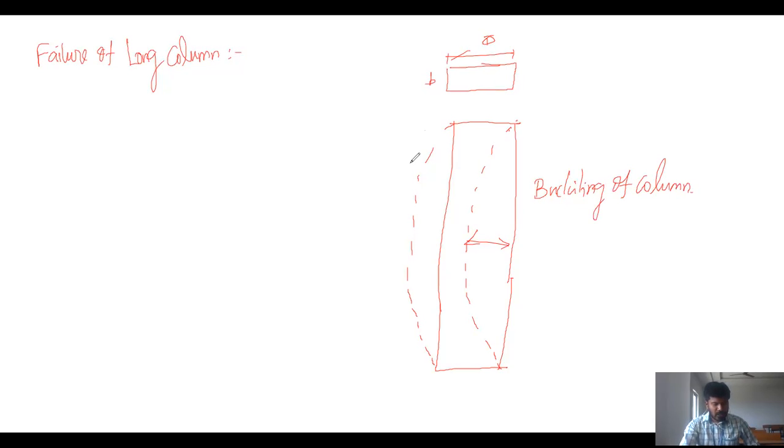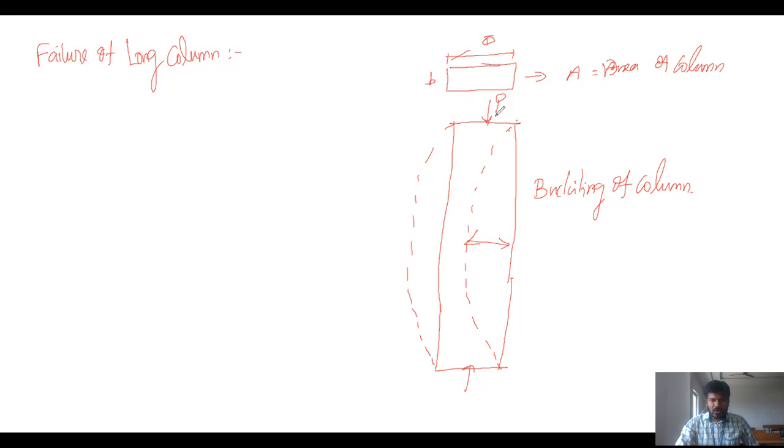So here the column has uniform cross-sectional area, and the load is going to apply here and here. So if I'm going to apply the load, what will happen? The actual column may be like this. But if I'm going to apply the load, where it has the weakest section, at that place it is going to bend.